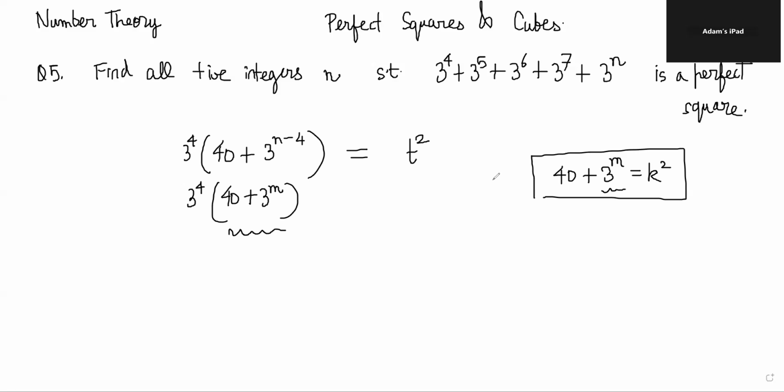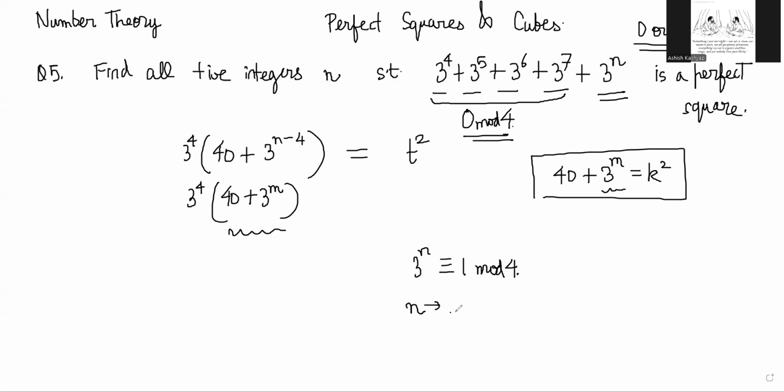If you take the numbers in modulo 4, you get that 3 to the 4 plus 3 to the 5 plus 3 to the 6 plus 3 to the 7 is congruent to 0 modulo 4, which means that 3 to the n must either be, if you want it to be a perfect square, 0 or 1 modulo 4. And 3 to the n, since it's a power of 3, can either be 1 or 3 modulo 4, which means that 3 to the n must be 1 modulo 4, which occurs when n is even.